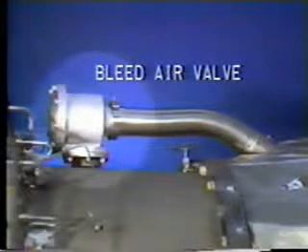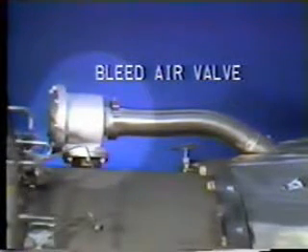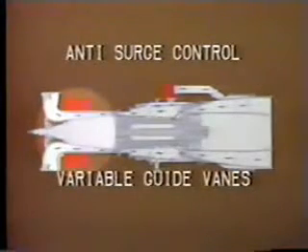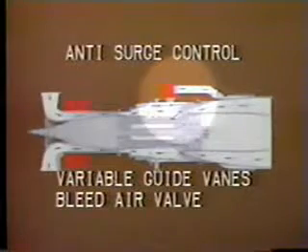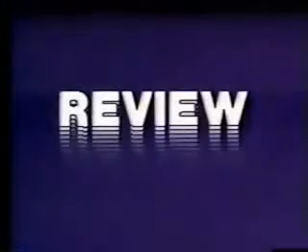In doing this, we reduce the back pressure on the compressor and reduce the load on the turbine. The bleed air valve is used to direct about 10% of the air around the turbine section. Like the variable guide vanes, the bleed air valve is automatically controlled to open during the engine start cycle and close as normal operating speed is approached.